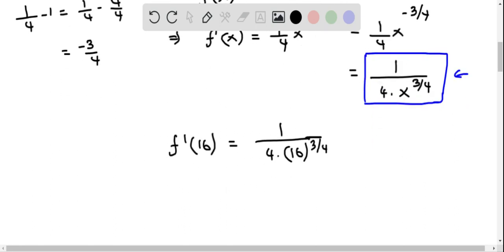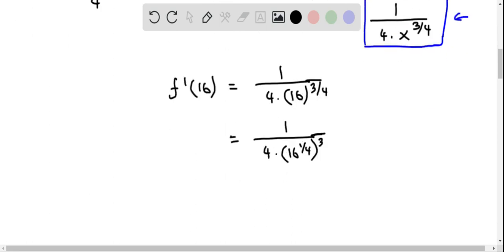And we can further simplify this. This equals 1 by 4 times 16 raised to the power of 1/4, raised to the power of 3, because when we raise a power to a power, we multiply the powers: 1/4 times 3 is 3/4. So basically I have written the 3/4 as a power of 1/4 first, and then raised it to the power of 3.